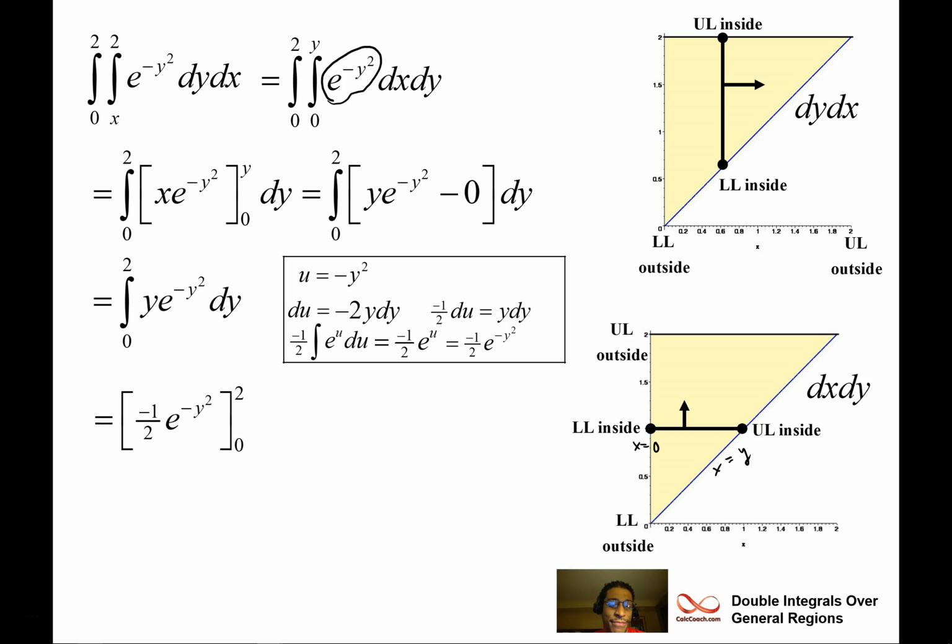All right, great. Our job now is to plug a 2 in and then plug a 0 in for y. So we'll have e to the minus 4 when we plug a 2 in, and we'll have e to the 0. Don't always assume 0 gives you 0. When we plug the 0 in, we get e to the 0, and that's a 1. And there's your final answer.